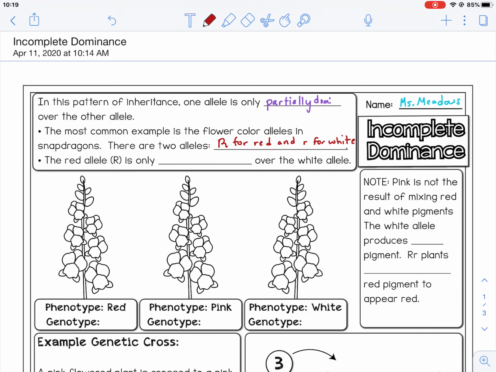The red allele, big R, is only partially dominant over the white allele.